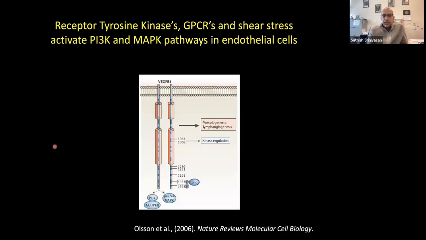So as I mentioned, I don't necessarily work on activating mutations in KRAS or PIK3CA, but my interest is upstream of it. So what are the molecules that activate MAP kinase or PI3 kinase pathways, especially with respect to a particular receptor tyrosine kinase known as VEGF-R3, which is considered the most upstream and very critical lymphangiogenesis signaling molecule.